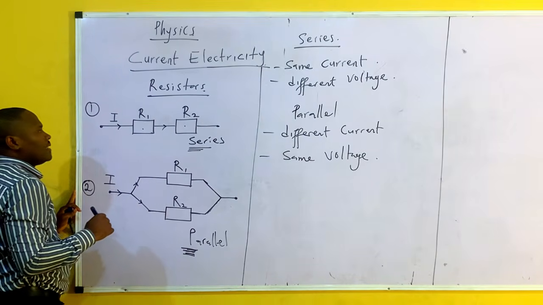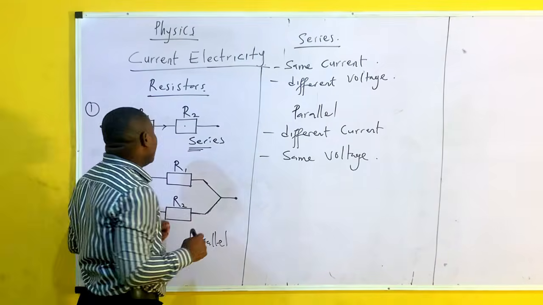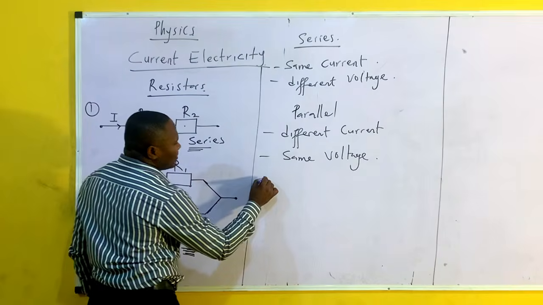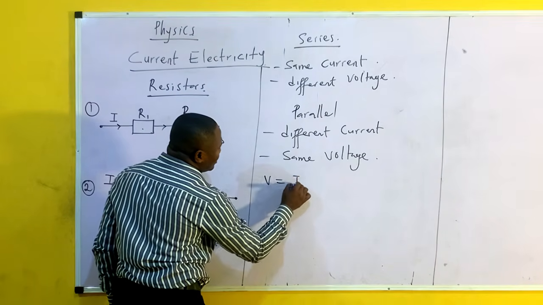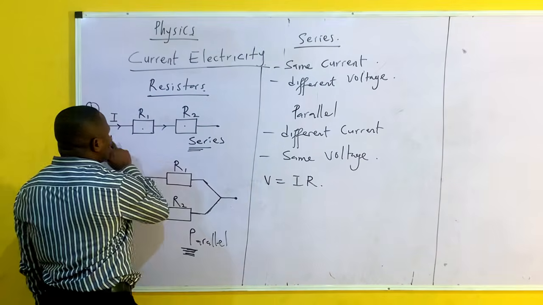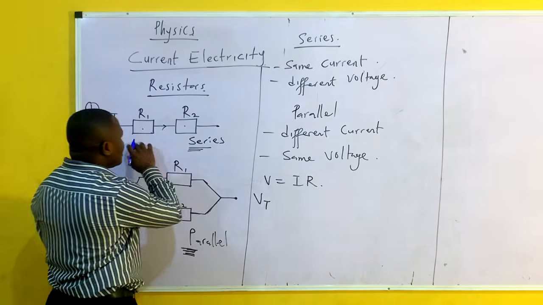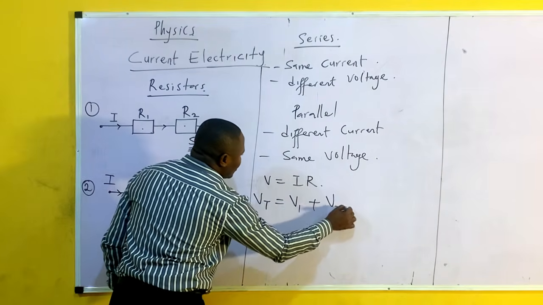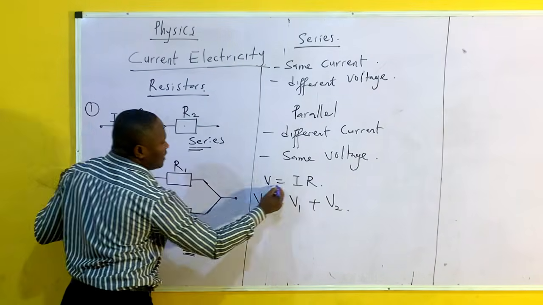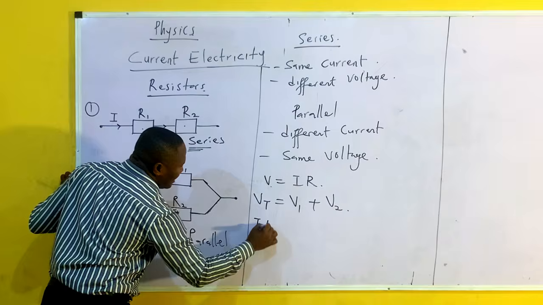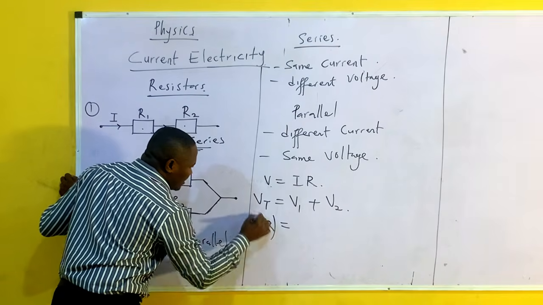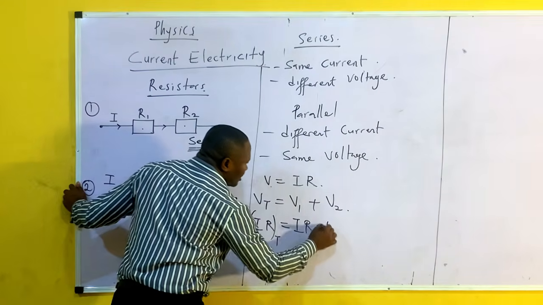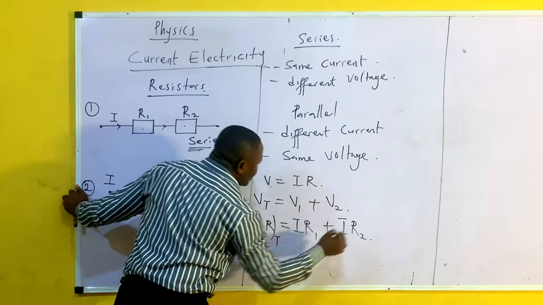Let's see. If we have the same current, we'll say that V equals I R. What is the total voltage? V total in series, because they have different voltages, is equal to V1 plus V2. So if V equals IR, I will have I R total equals I R1 plus I R2.